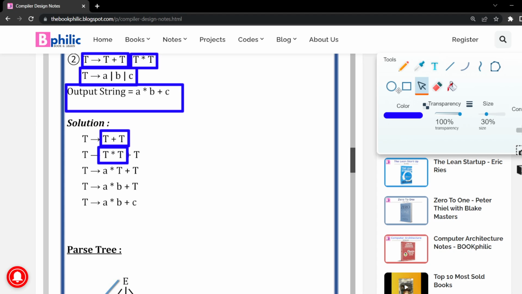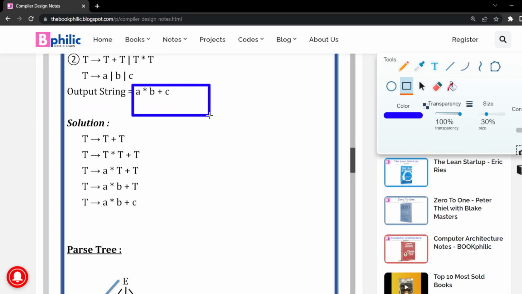Okay, so we are getting started with T plus T. So we are getting this plus at last, so hence we have to derive this capital T into star as well, so that we can get this star, and ultimately we will be deriving this left to right, because we are getting the syntax using the LMD property that we have discussed in our previous lectures. So a star, then we are deriving in the next step b, and at last we are deriving it into c. So ultimately we have gotten our syntax a star b plus c.